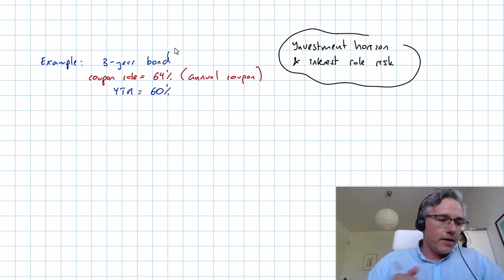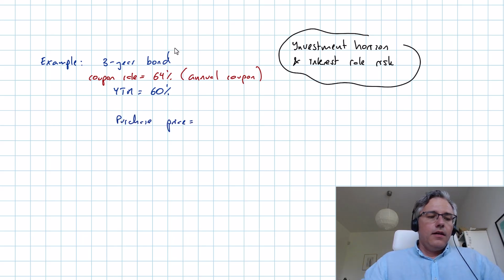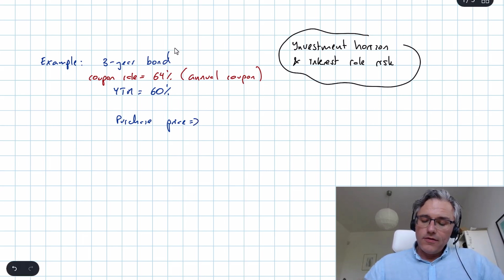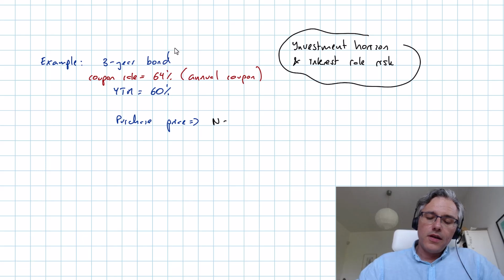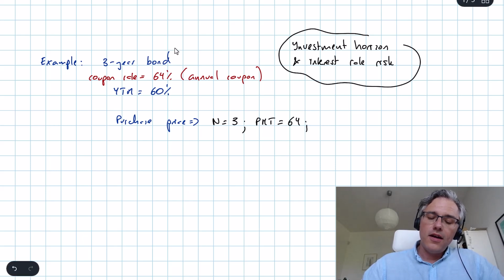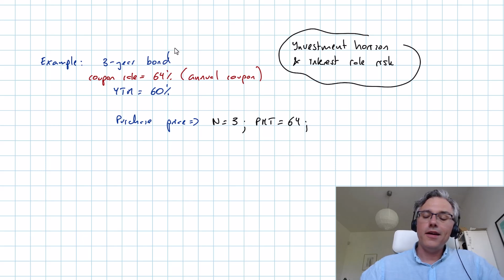So let's quickly compute the purchase price for this bond. And we're going to utilize the time value of money worksheet to do so. So the inputs will be as follows. N will be 3. The PMT, that's our coupon, is going to be 64. And the YTM is going to basically be the I/Y parameter.